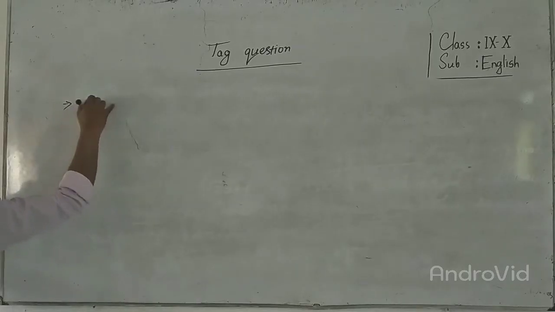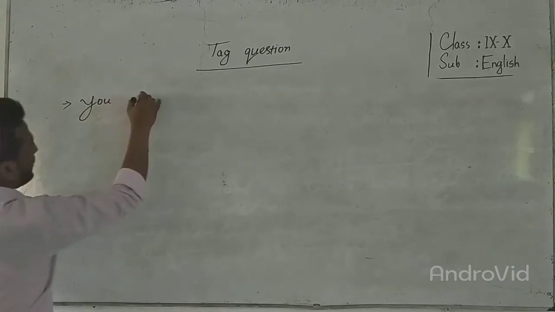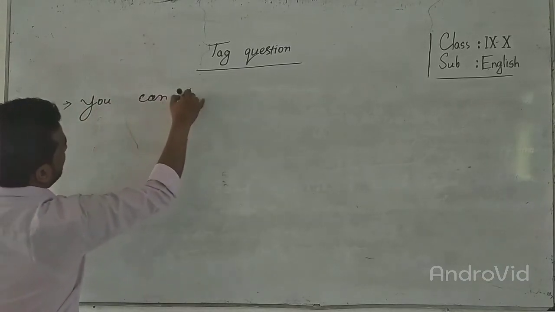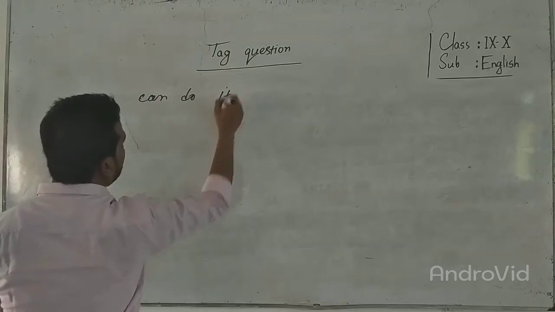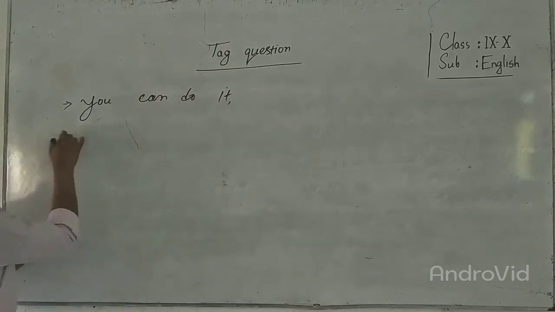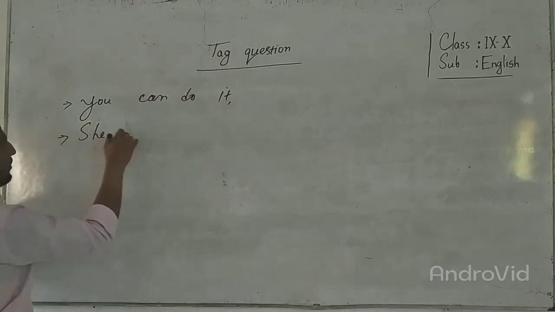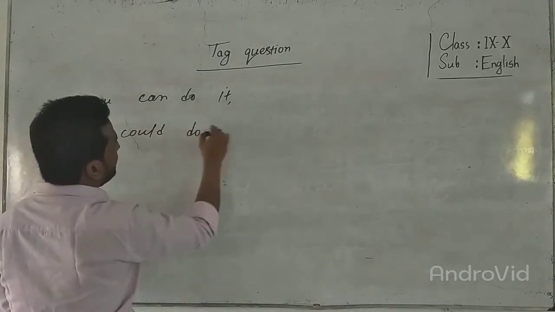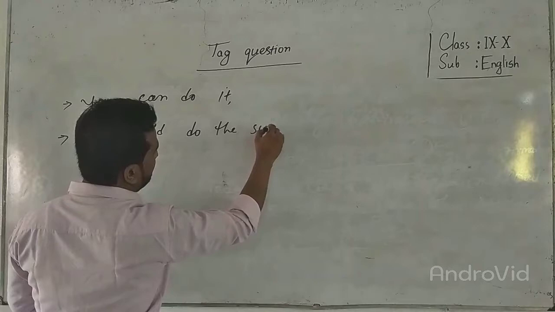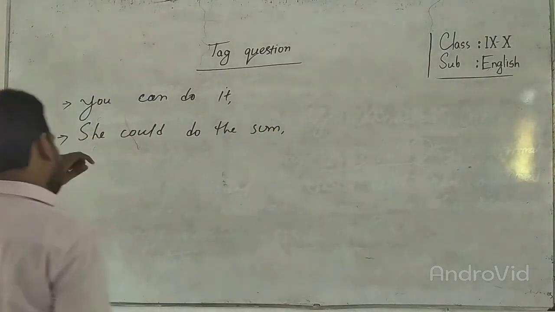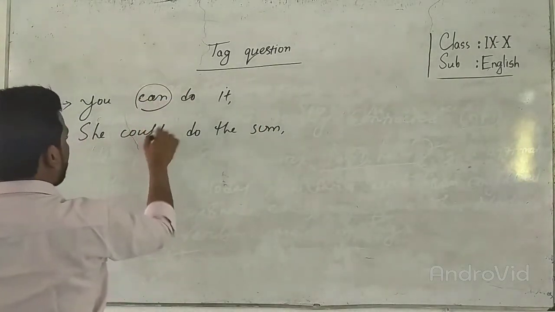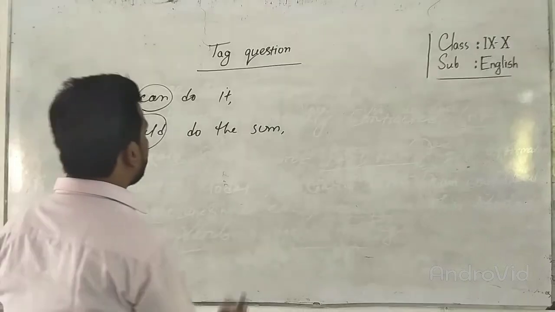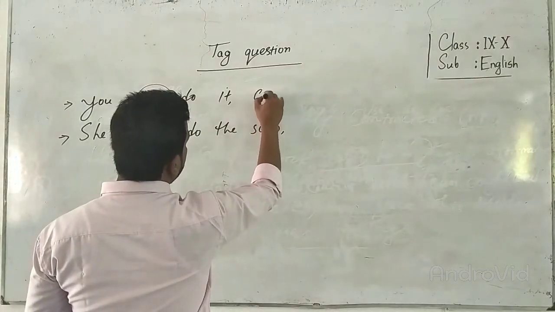Example, you can do it, she could do the sum. Here is a modal auxiliary verb, here is also a modal auxiliary verb. So in the tag also a modal auxiliary verb.